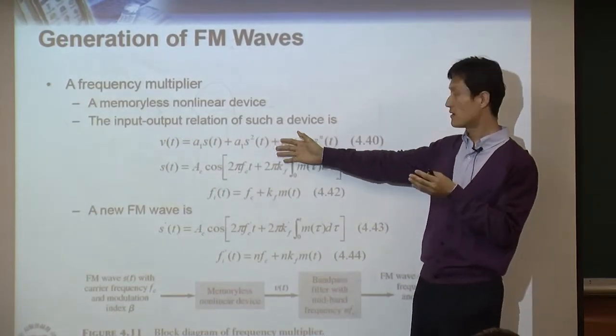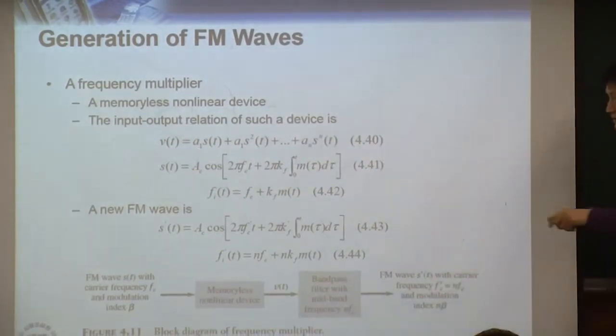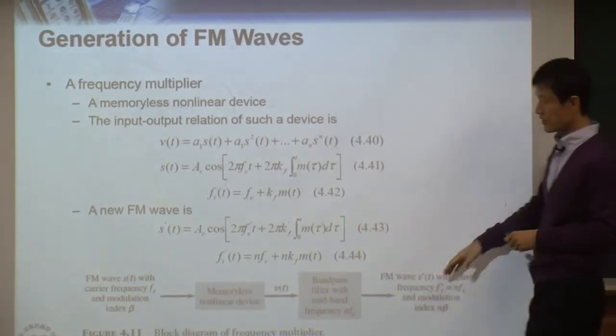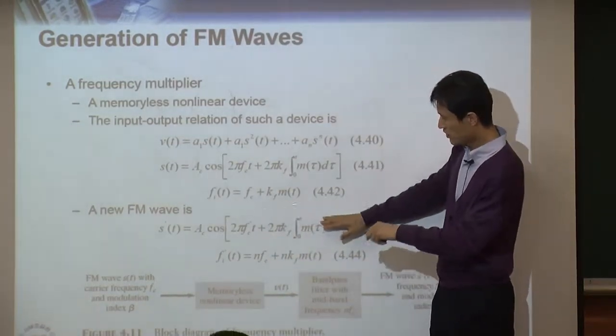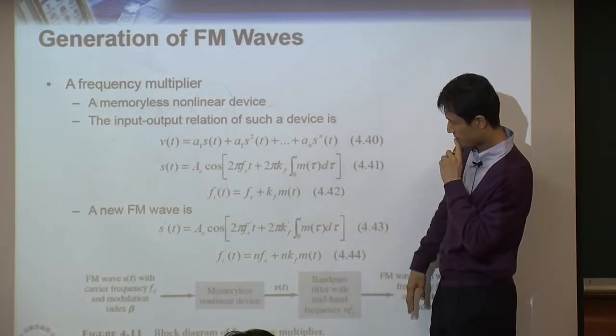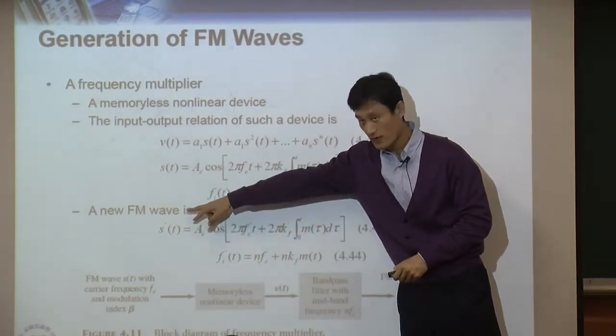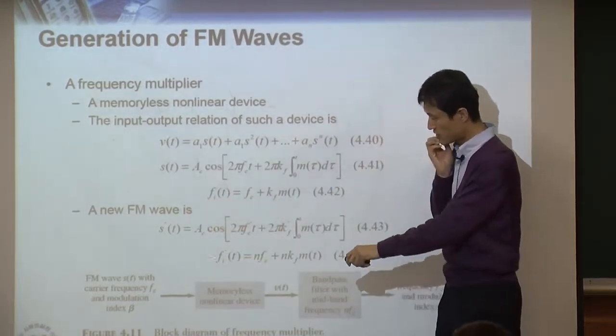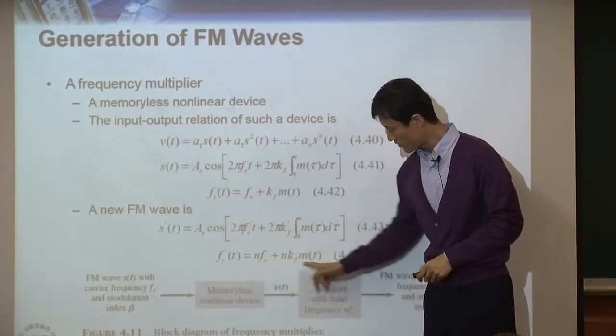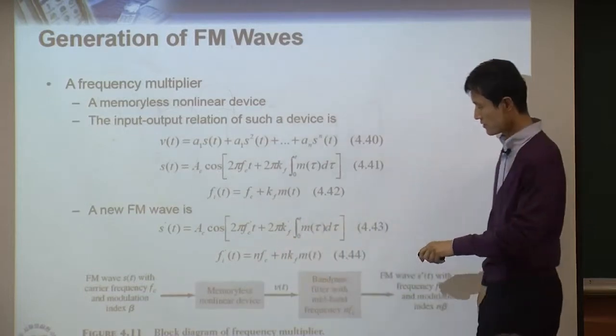Okay, so that's what happens in this device. That's how you make these bunches of frequencies. See the output? So this is a new FM wave. In this output, you see that you have a bunch of different frequency components. So that's how you make it.